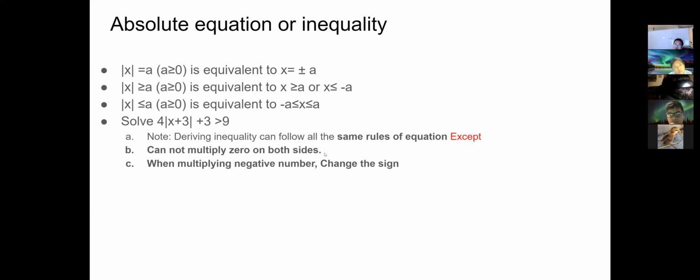It's probably obvious for you right now, but remember in algebra, we don't know the value, so we want to make sure you can't multiply by 0. And you are encouraged to multiply by a negative number, but don't forget to change the sign.